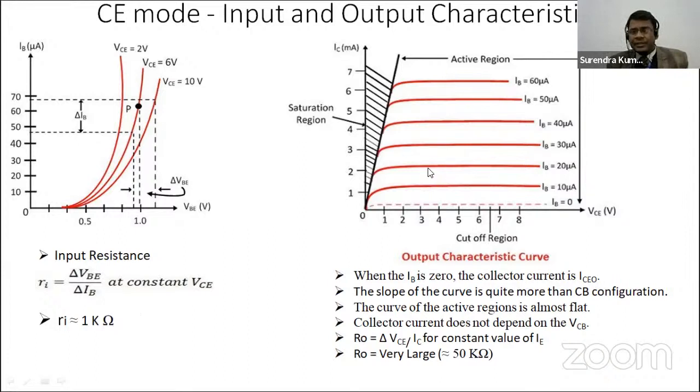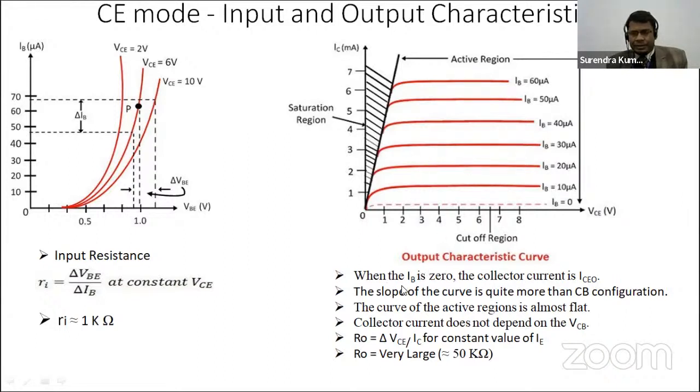The output characteristics again look like a current source, in which the current is constant and independent of voltage VC. There is no effect of change of voltage VC over here. And the dependency of this collector current in this particular graph is on base current IB.